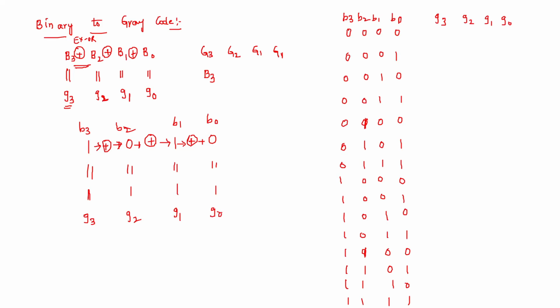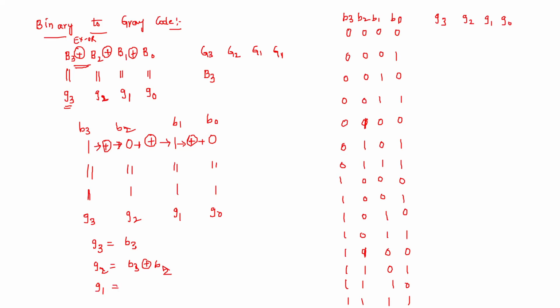So in that way, gray code G3 equals B3 as is, and G2 equals B3 XOR with B2.